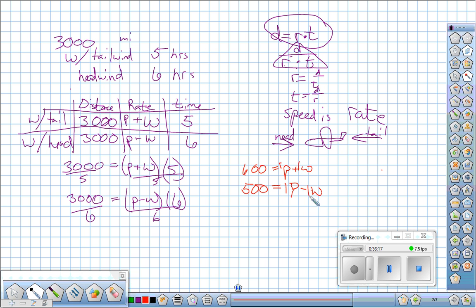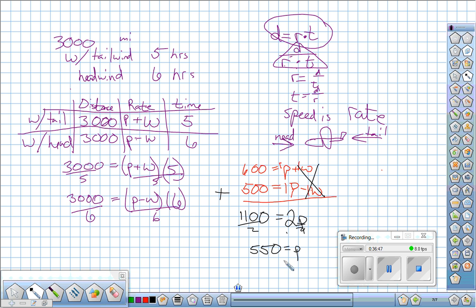I already have a positive and a negative W, so I'm just going to add them straight up and down. 500 plus 600 is 1100, and that will equal 2P because the W's add to 0. Then I'll divide by 2, and 1100 divided by 2 is 550.